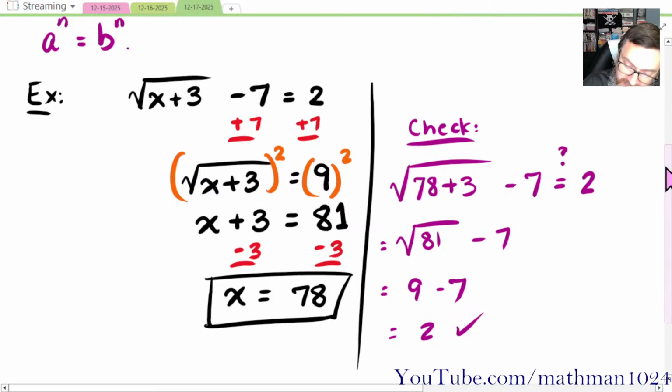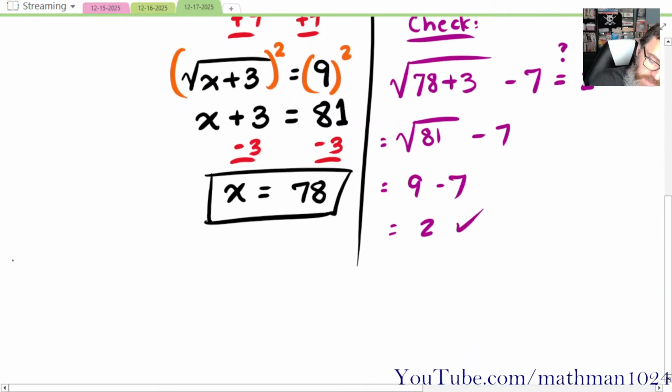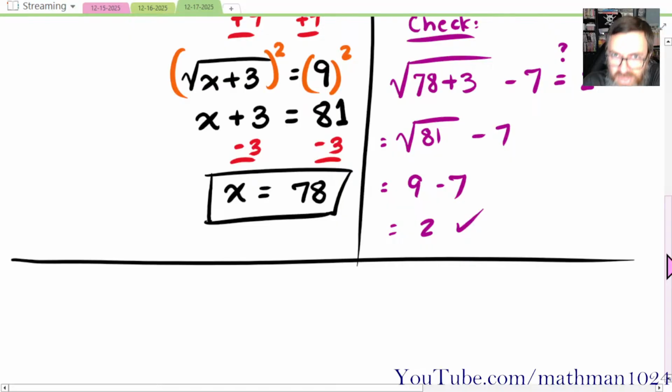Now, what I tend to do as a teacher is I try to add a bunch of extra stuff to see if students can see through it.